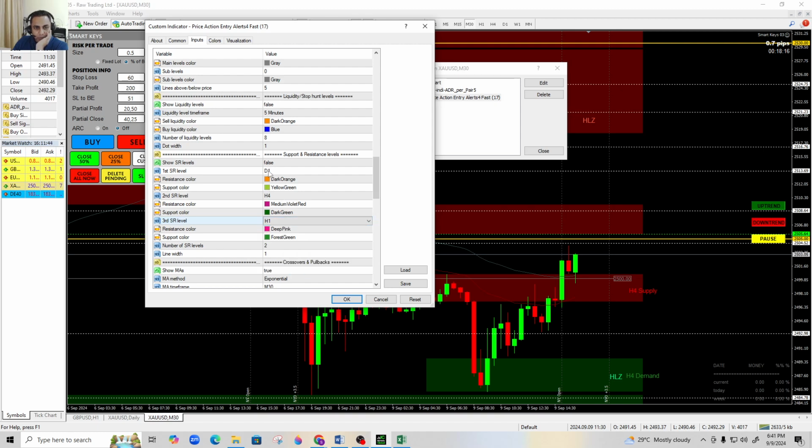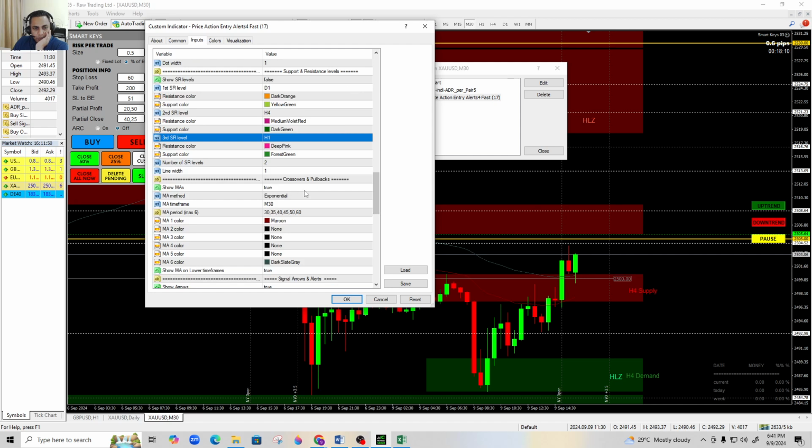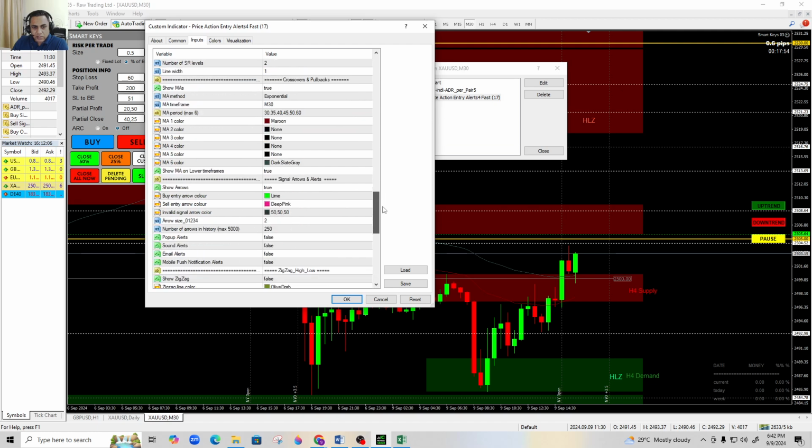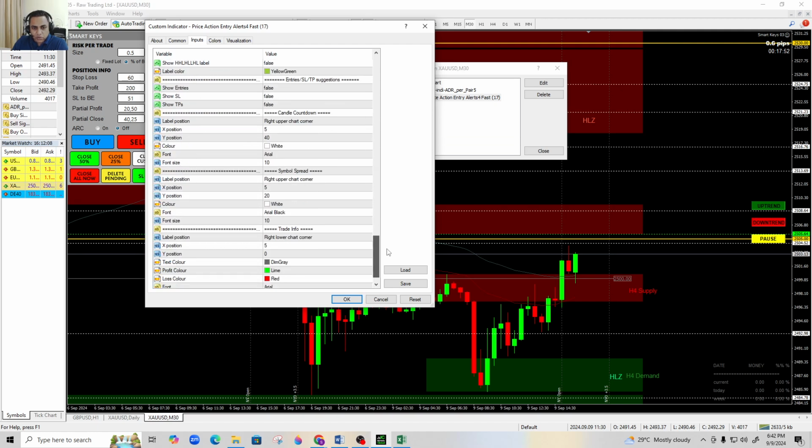Yeah, I don't use support resistance to trade. I use supply. I'm a supply demand trader, so I don't use this. Then we spoke about crossovers and pullbacks. That's the EMAs that I use. If you use any other sort of moving average, this is an ideal tool for you guys. The beauty about this indicator is it has a lot of tools in one indicator.